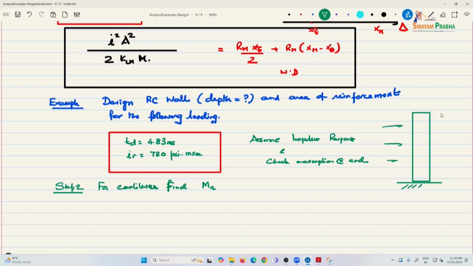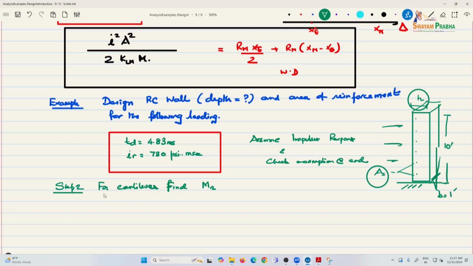The cantilever height is given to be 10 feet and this is the height H, and your reinforcement would be in the tension side. So this is, let us say, AS. You are required to find AS and H, and of course, we are assuming 1 feet width. So this is B equal to 1 foot.